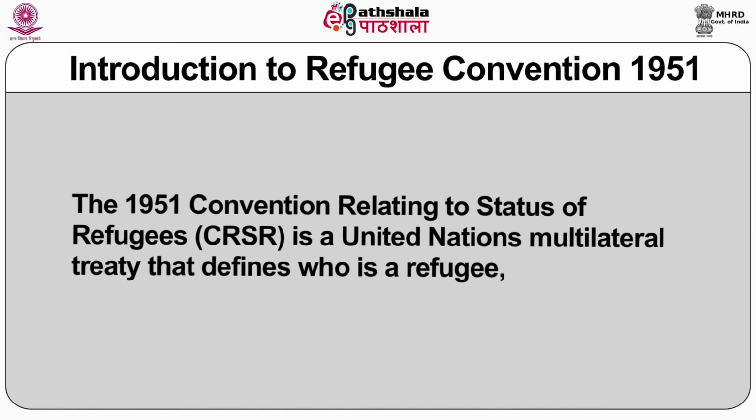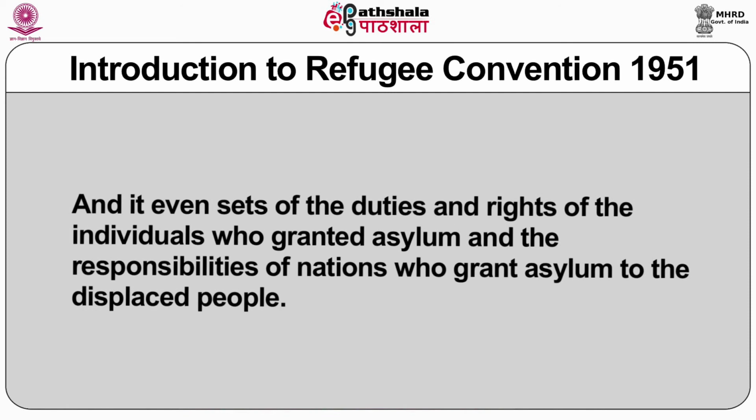CRCSR, as it is commonly called, the Convention relating to the status of refugees, is a United Nations multilateral treaty that defines who is a refugee, and it even sets the duties and rights of the individuals who are granted asylum and the responsibilities of nations who grant asylum to the displaced people.